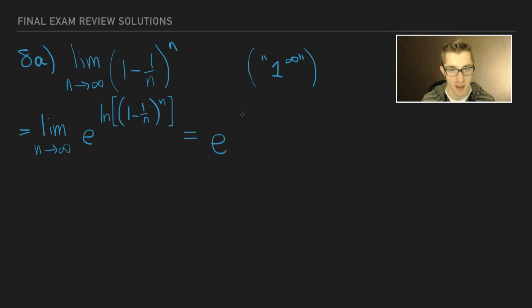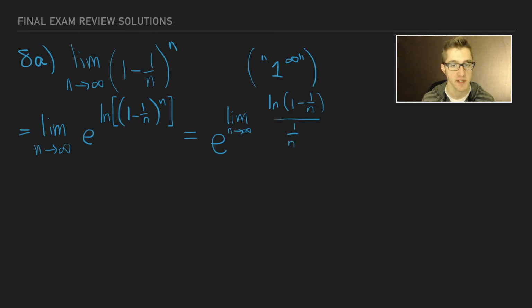So I have e to the limit as n goes to infinity of the natural log of this expression, which now I'm going to apply log rules to. I have the natural log of 1 minus 1 over n times, there would be an n here on the outside, but I'm going to bring it downstairs and write it as 1 over n.